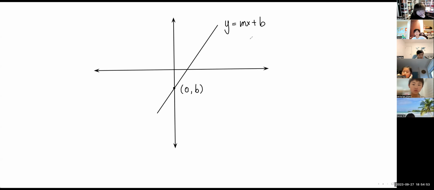Jason? It is negative. Very good, because you can see b is located in the lower place of the y-axis. This is 0, this is 1, 2, 3, and this is the negative part. Correct, everybody? Also, you can see that when x is increasing, y is also increasing, so is m bigger than 0 or smaller than 0?